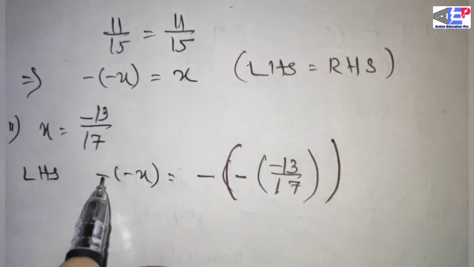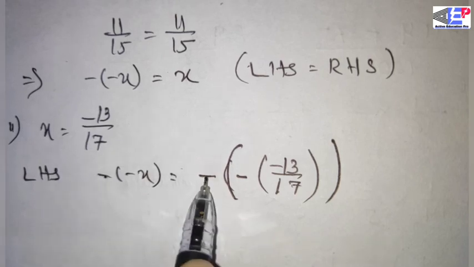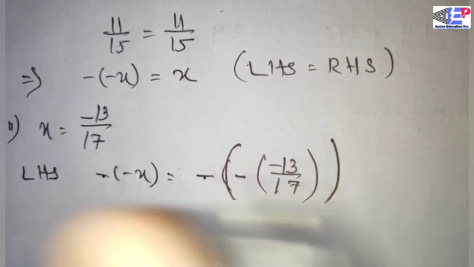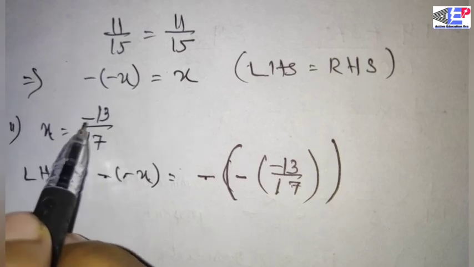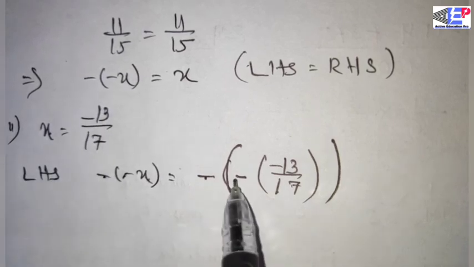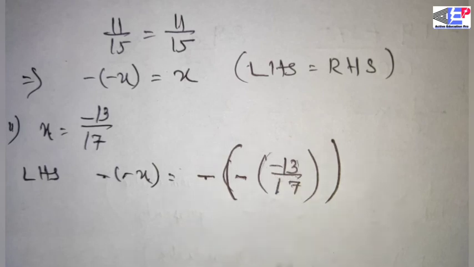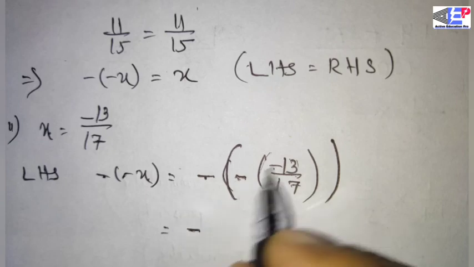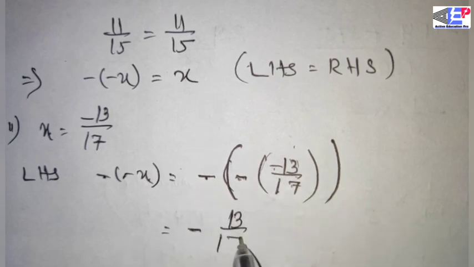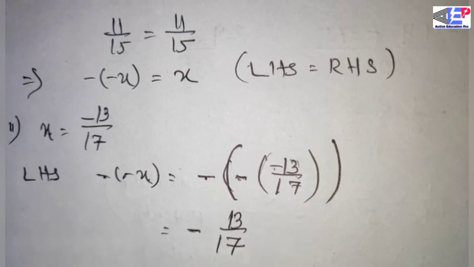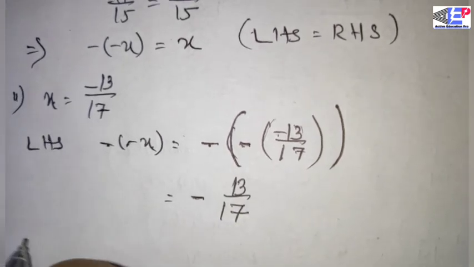First I put a minus mark, then under the bracket keep minus x. Here the value of x is minus 13 by 17. So the minus value is minus 13 by 17. Minus, then minus minus is plus, the product of same signs is plus, so minus 13 by 17. So your answer is minus 13 by 17.